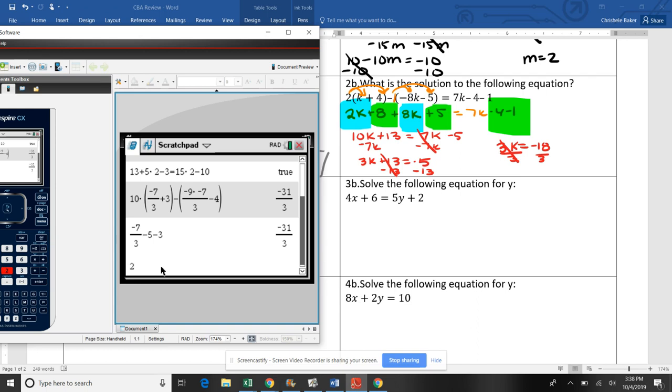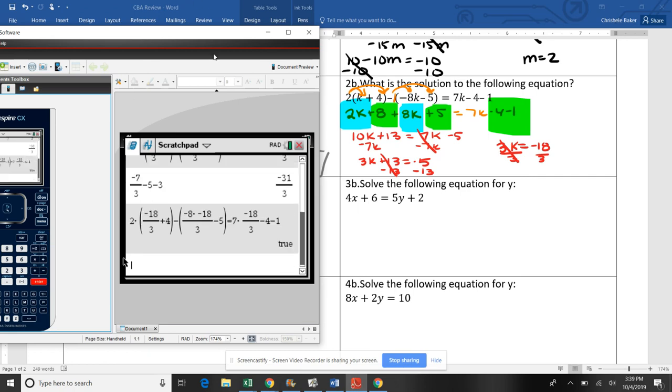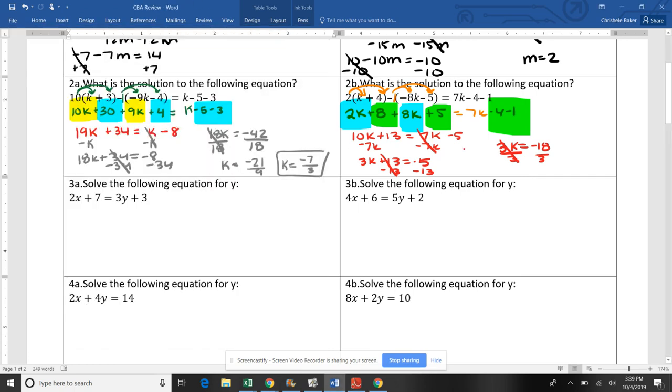Okay, so I have 2 times the quantity K plus 4, minus the quantity negative 8 times K minus 5 is equal to 7K minus 4 minus 1. Nope, true. Awesome.